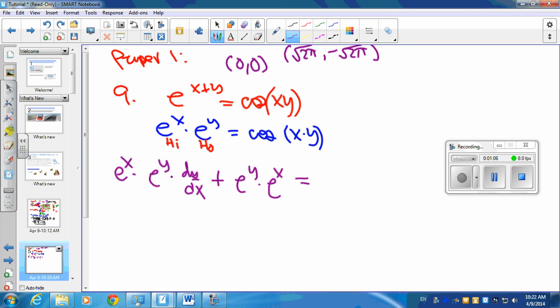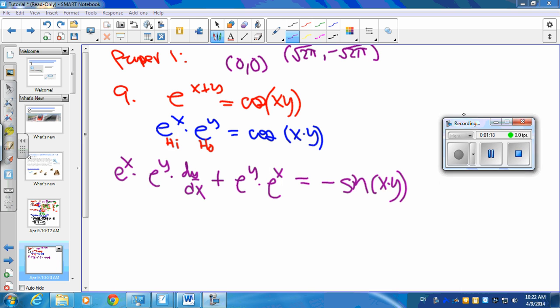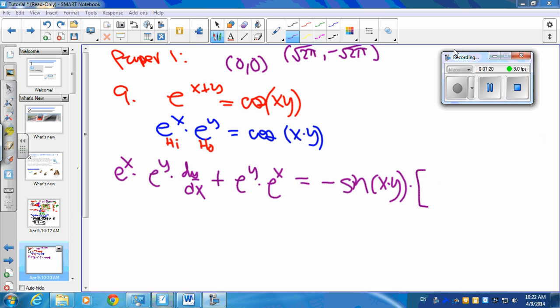So the chain rule is center of the Tootsie Pop stays the same. What's the derivative of cosine? Negative sine. Center of the Tootsie Pop stays the same. But we're going to take the derivative of the inside, xy, which is a little baby hi-ho. Just a tiny one. So it's x dy dx plus y times 1.